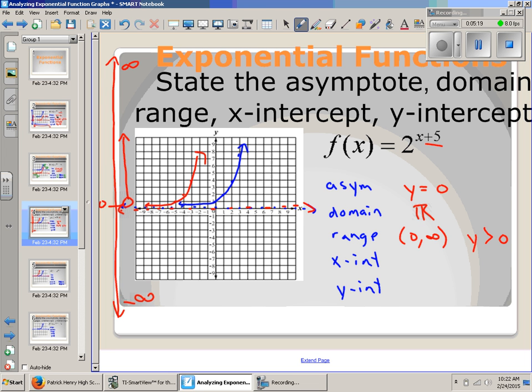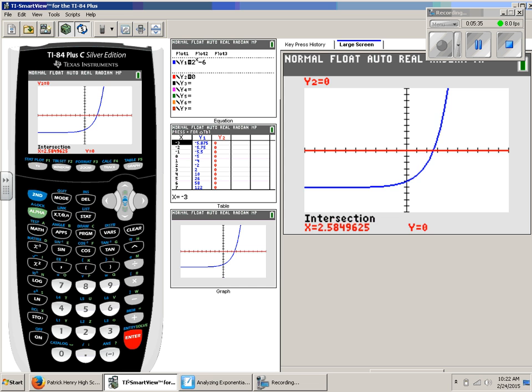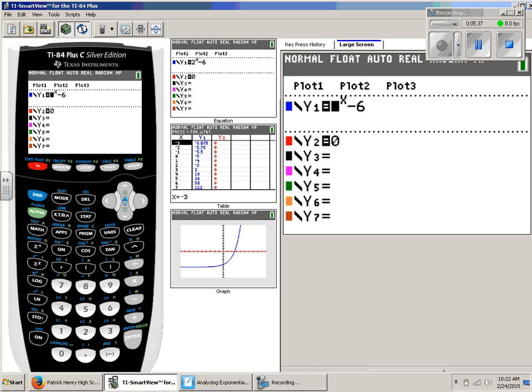Here, x-intercept. Does the graph cross the x-axis? No, it doesn't. So we don't have an x-intercept, so it's none. Y-intercept. Not easy to see on this graph, so let's go to our calculator. 2 to the x plus 5 power.